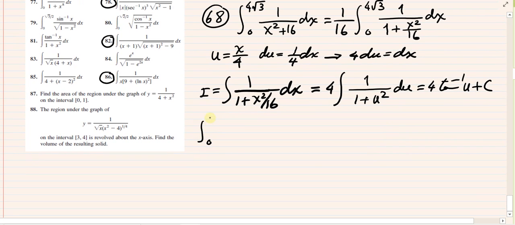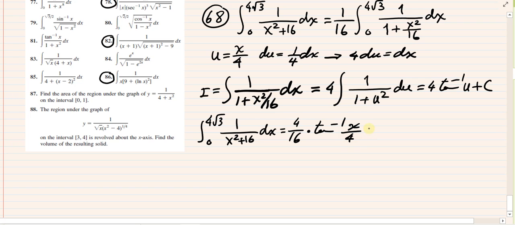Therefore, the integral from 0 to 4 root 3 of 1 over x squared plus 16 dx becomes 4/16, remember, we brought 1/16 on the outside, times arc tan of u, which is x over 4, evaluated from 0 to 4 root 3.